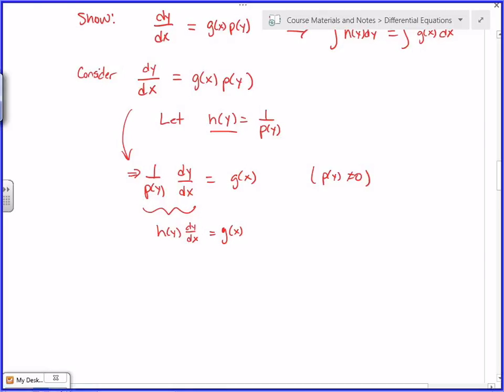I also want to introduce the capital named functions, capital H and capital G, because that's what's commonly used in calculus when we talk about the antiderivative. So I'm going to call capital H of y the antiderivative of h of y with respect to y, and I'm going to call capital G of x the integral of g of x with respect to x. So they're the antiderivatives of those functions.